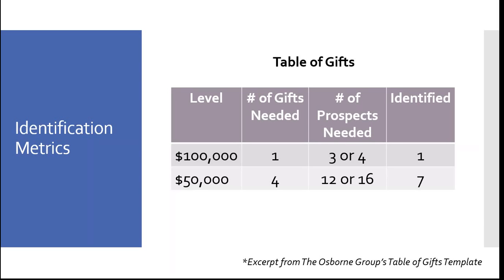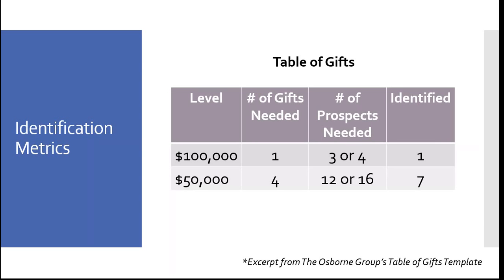We underestimate our pipelines and thus underestimate how many prospects we truly have. So creating a table of gifts and forcing yourself to look at your pipelines and pull the names out of those events, direct mail, different community events, all of those things you're doing in the community to build pipeline, really taking all of that and putting it towards this list, is a really useful activity.